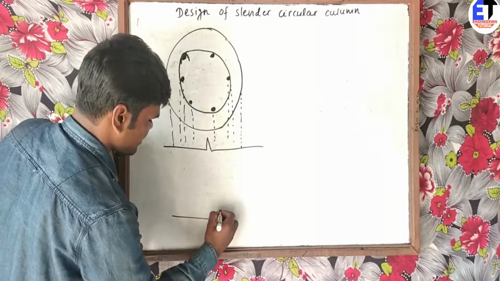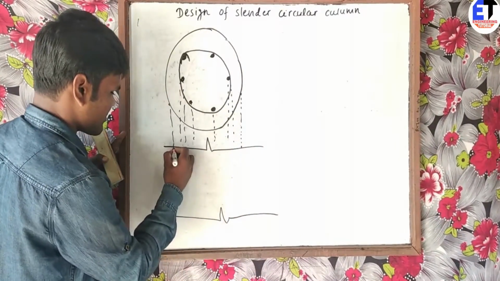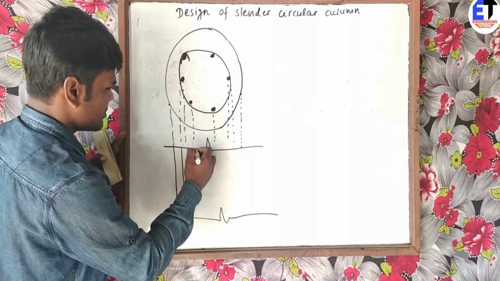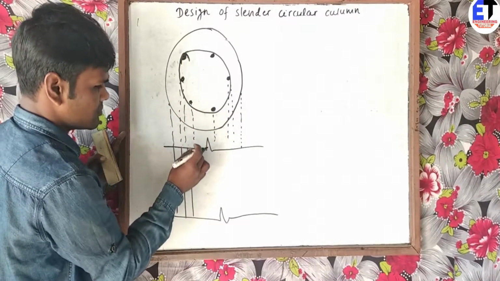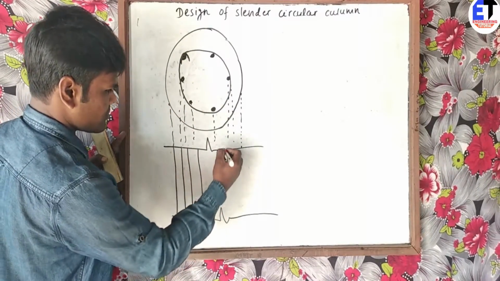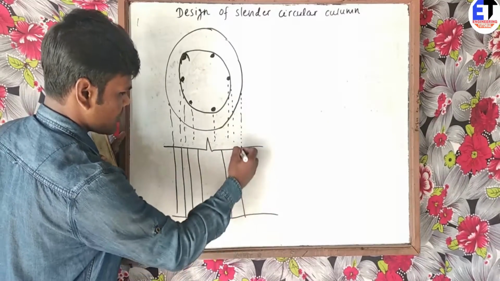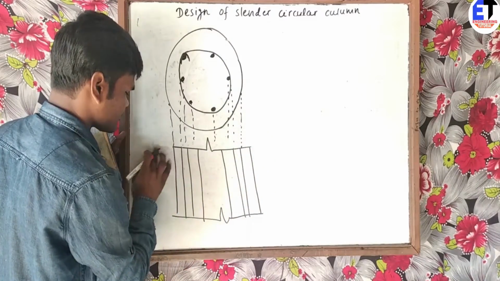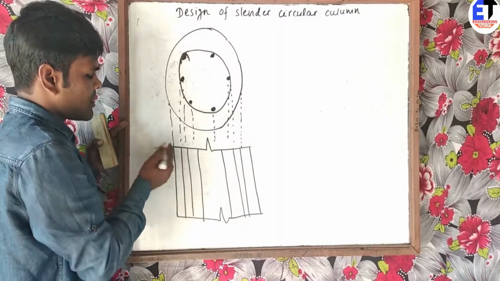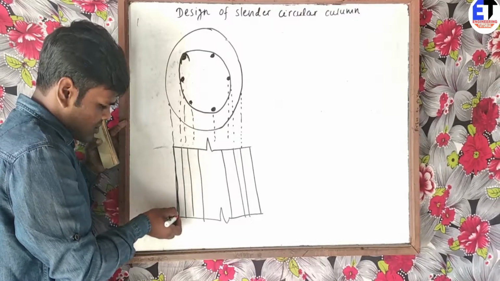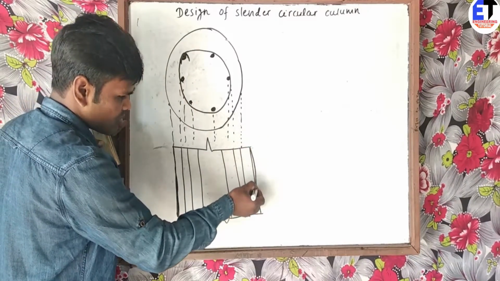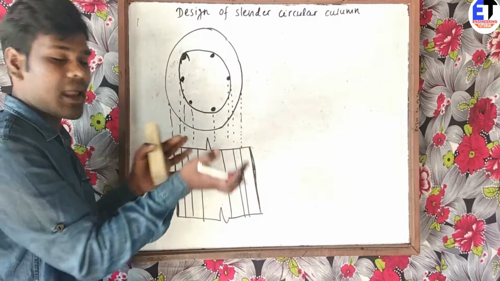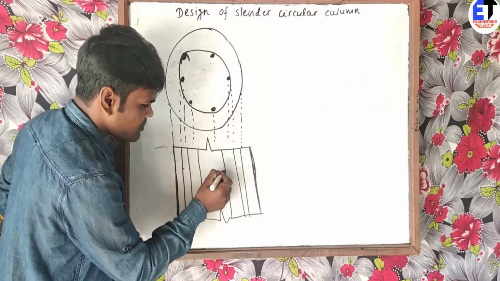Here this is the outermost layer, and the effective cover is 40 mm, which we have calculated, and these are the main reinforcement.